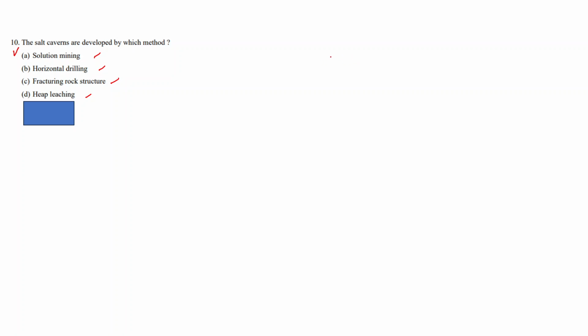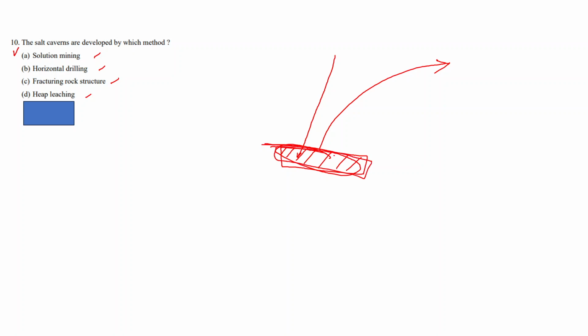The salt caverns are like below the earth surface, there are some salt deposits. We first drill one hole, inject some water, and a water and salt mixture will form. We take out this mixture, and a hollow portion or gap will be created, and finally hydrogen gas will be pushed in at high pressure for storing.